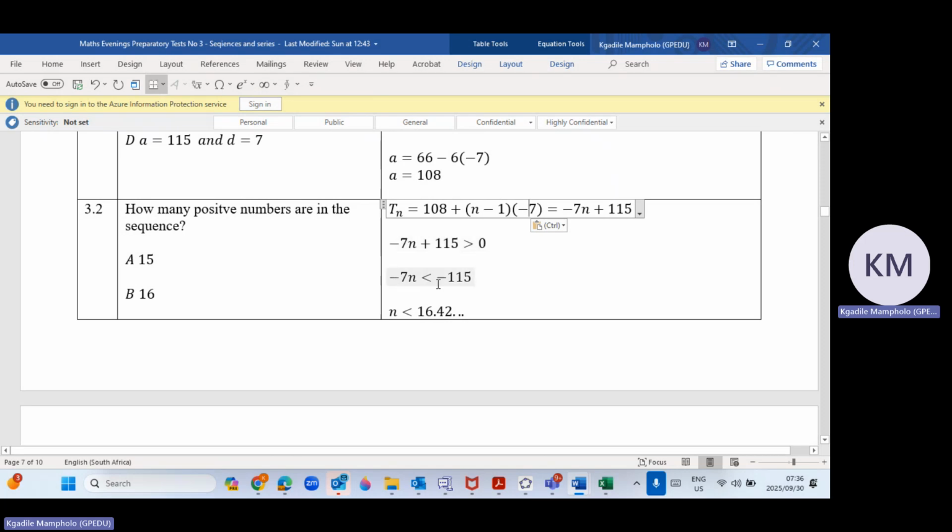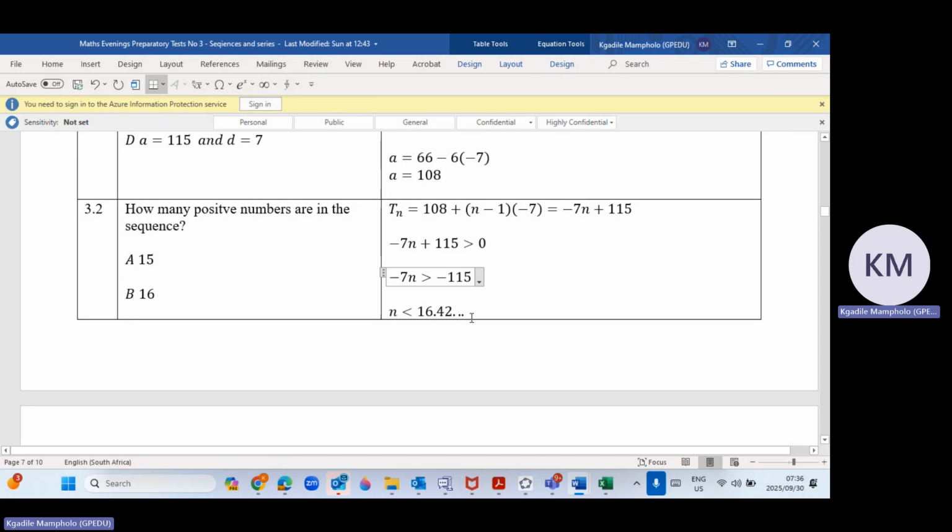So then minus 7n is greater than minus 115. Now, remember, when you divide by a negative, the inequality sign will change to less than. So we say n is less than 16,42.